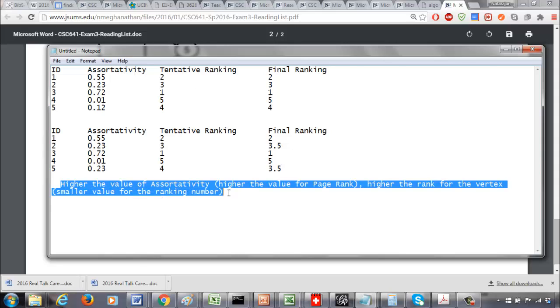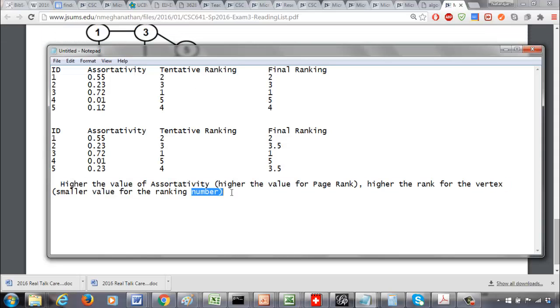Higher the value for assortativity, similarly higher the value for page rank, higher the rank for the vertex, which means you'll assign a smaller value for the ranking number. So 0.72 is the largest among these values. So 1 is the largest ranking, which means the higher rank for the vertex. Okay, so that will be a tentative ranking.